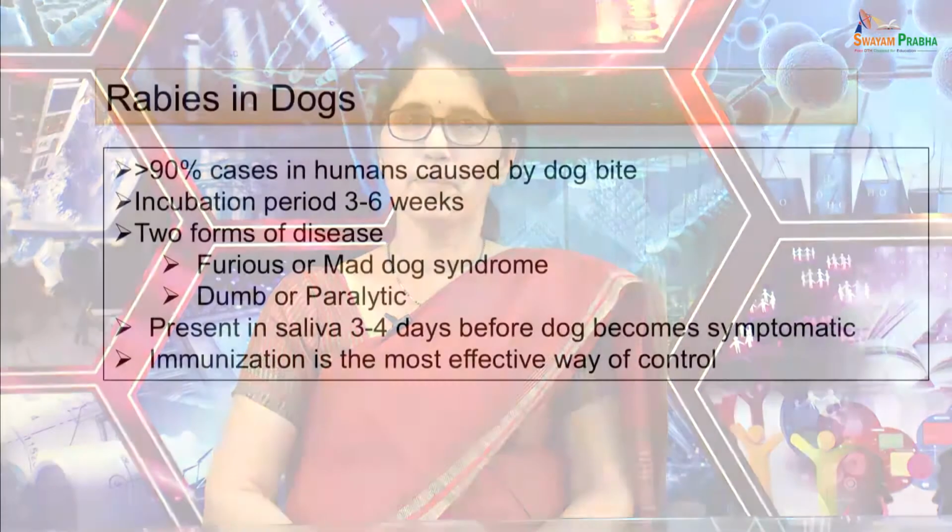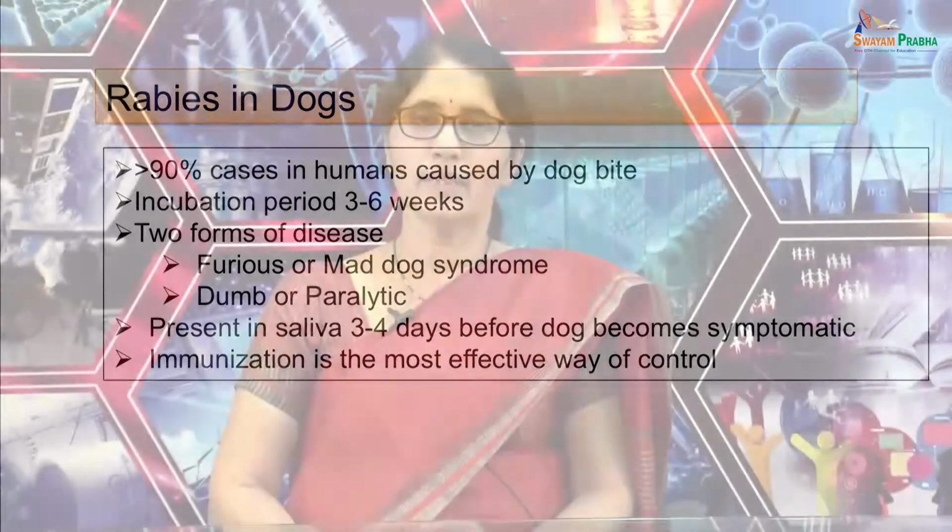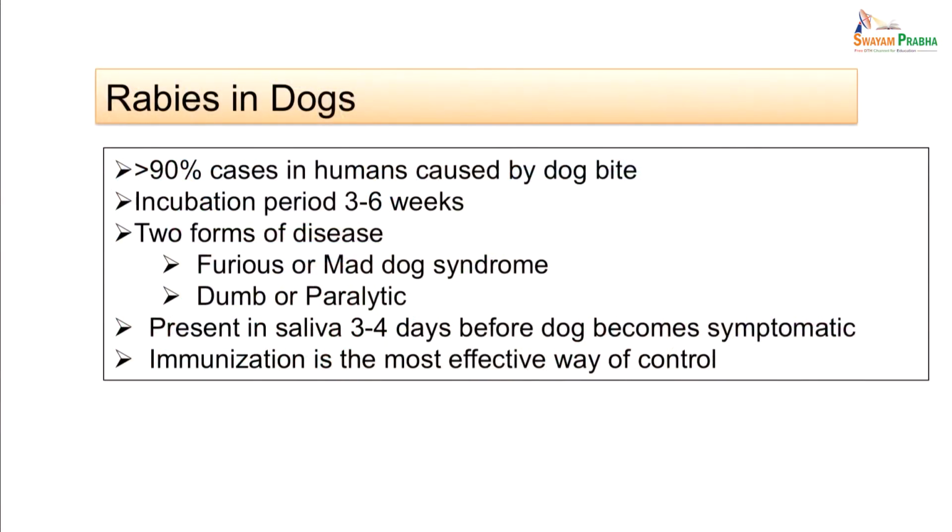In 90% of the cases of human rabies, the disease is transmitted by the bite of rabid dogs. Hence, it is important to understand the manifestation of rabies in dogs. The incubation period in dogs is usually 3 to 6 weeks. Like in human beings, two forms of disease are observed: one is the furious or mad dog syndrome and the second is the dumb or paralytic form. In the furious type of rabies in dogs, the animal becomes aggressive, runs amok and bites without any provocation.